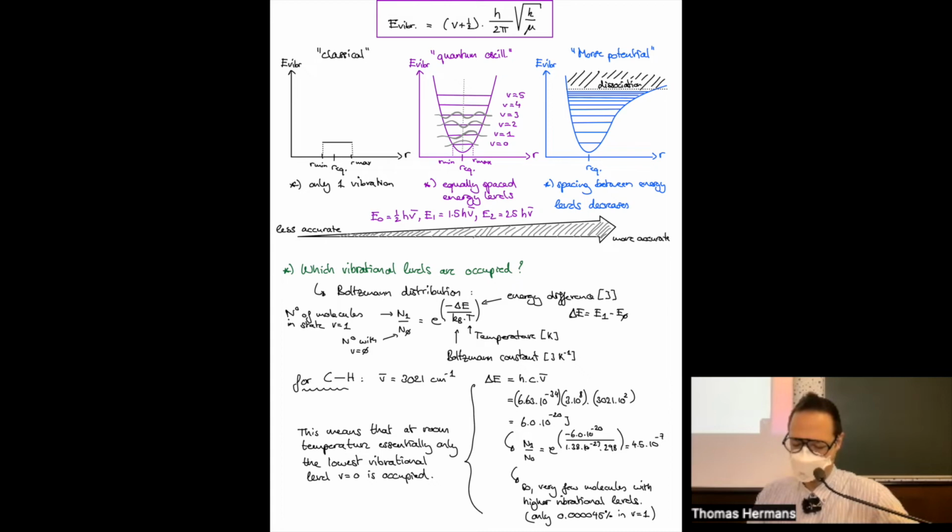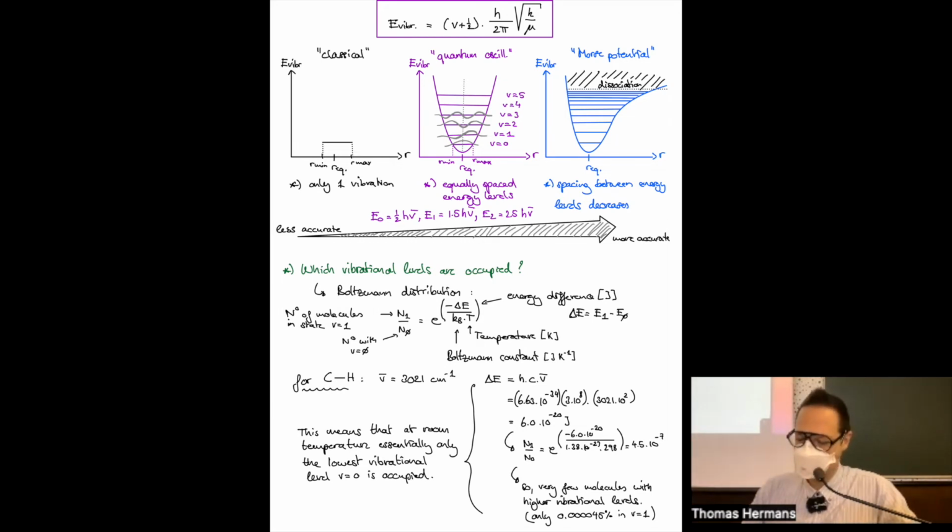And the energy levels are equally spaced, whereas in reality, these energy levels go closer to each other, and at the end, they go, let's say, infinitely close to each other. And of course, if you stretch a bond more than a certain distance, you will dissociate the two atoms, right? So bonds can break eventually, whereas in the quantum oscillator, the bond never breaks. It just always gets higher in energy.